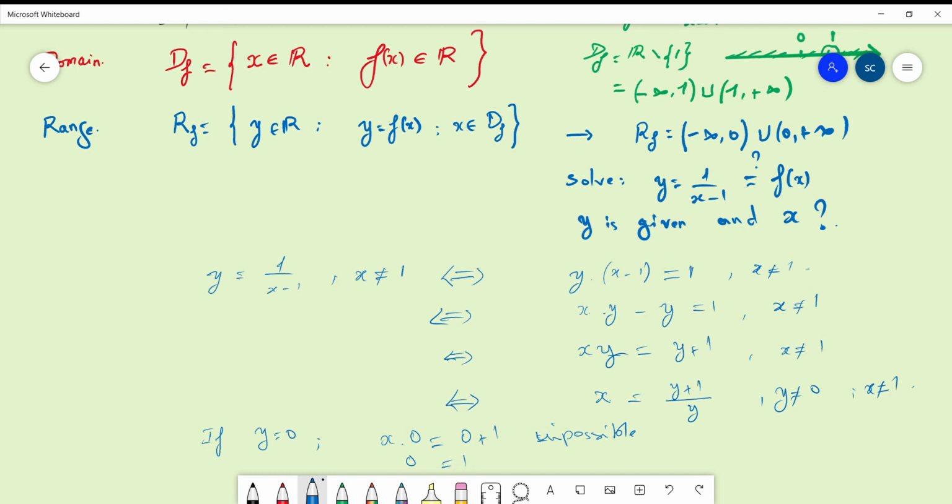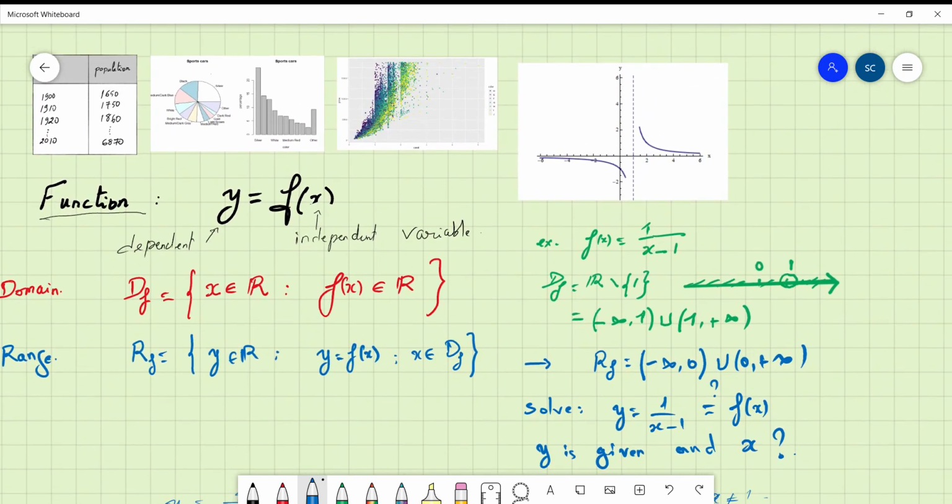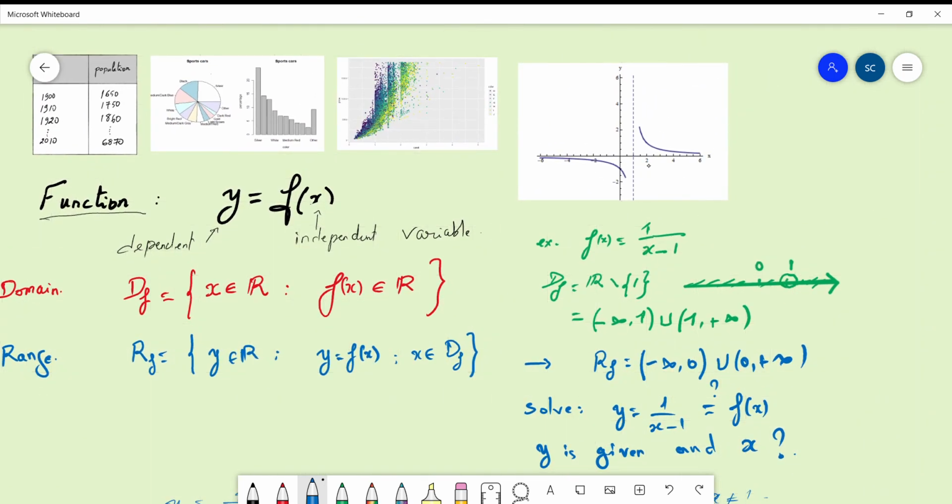So here it is. If you look back at your graph, you see that 0 cannot be reached by any x. Okay, so these two sets are important.